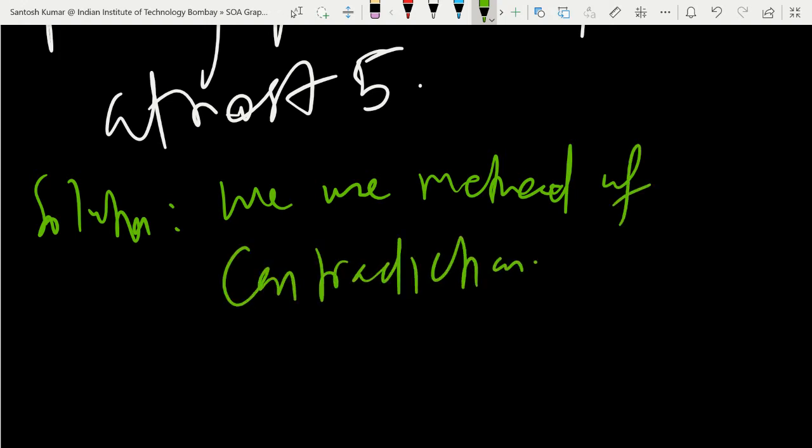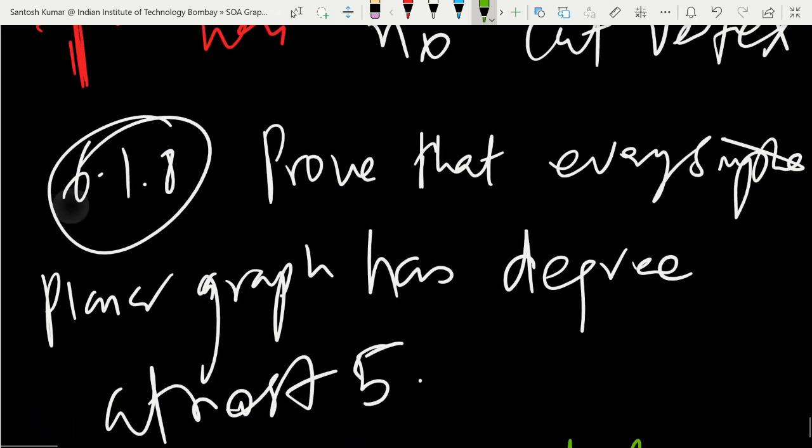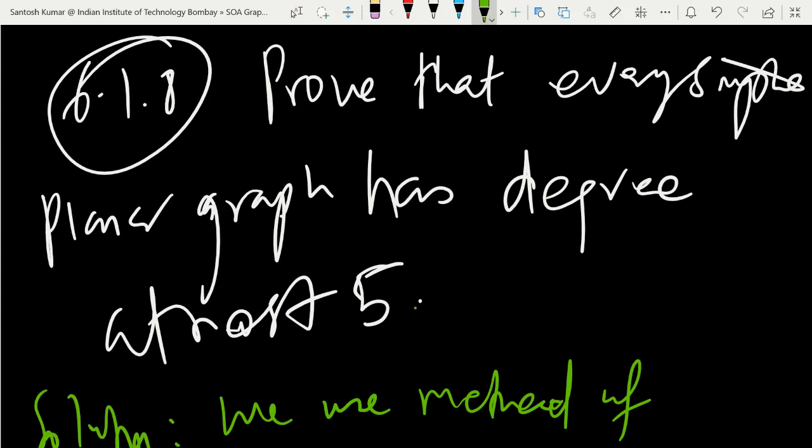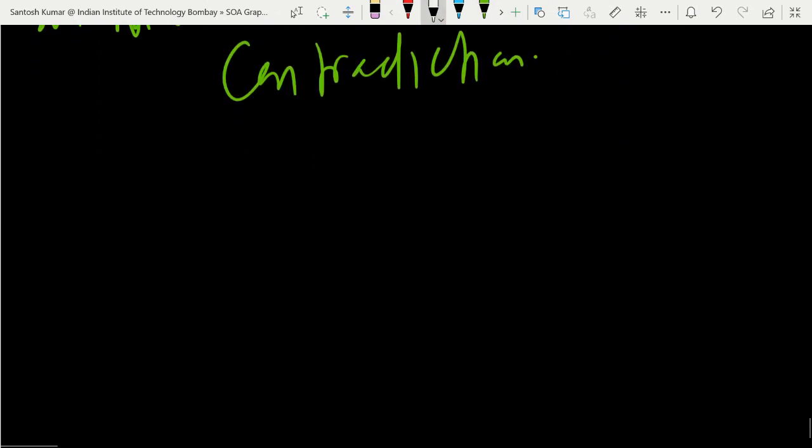What do we do in the method of contradiction? The thing we have to prove, we assume the opposite, and later on we prove that some contradictory thing happens due to our assumption. So we prove that the assumption was wrong. So we have to prove that every simple planar graph has degree at most 5. We'll start with that.